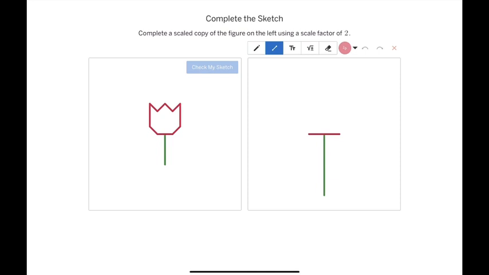So I'm going to have to, let's see. So that's about the distance of it now. And if I'm doing a scale factor of 2, I want it to go out like twice as much. So maybe there. And then I know that it's got like a mirrored reflection there. And it goes up.